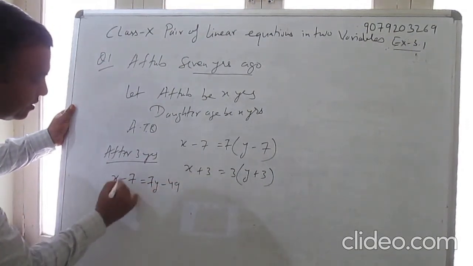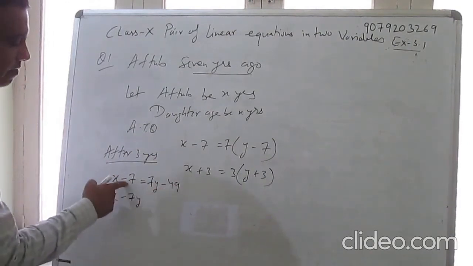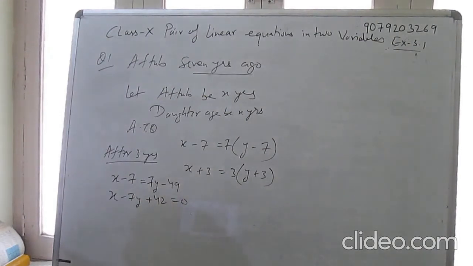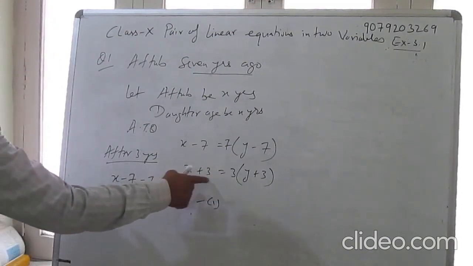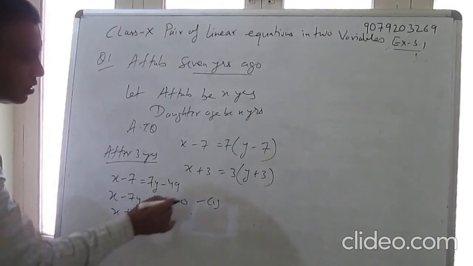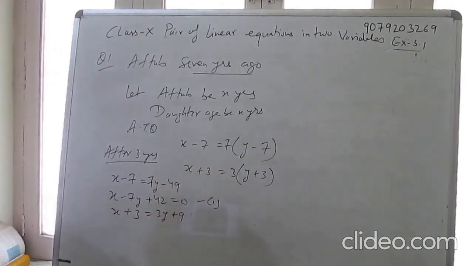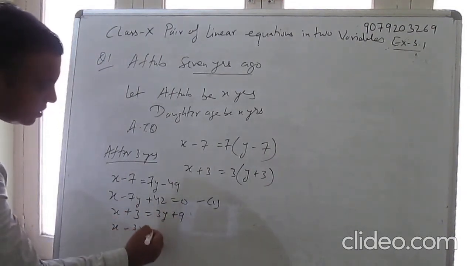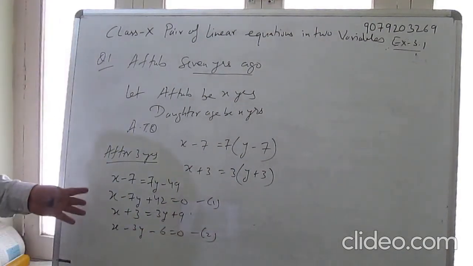So x minus 7y, and 49 minus 7 becomes plus 42, is equal to 0. Now the second equation: x plus 3 is equal to 3y plus 9. Turn 9 this side and y this side, you will get x minus 3y minus 6 is equal to 0. This is the second equation.